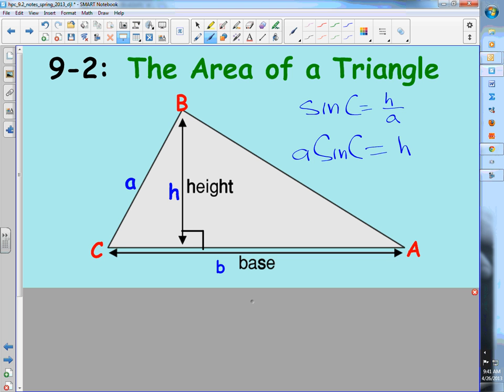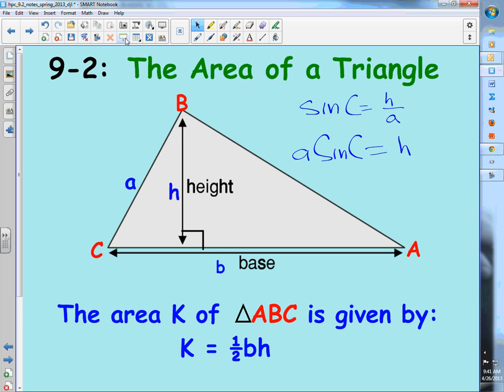Now we'll put this on hold for a second. This triangle. How do you find the area of the triangle? You learned it probably in 5th grade. Base times height divided by 2, or 1/2 base times height. That works great when you know the height.